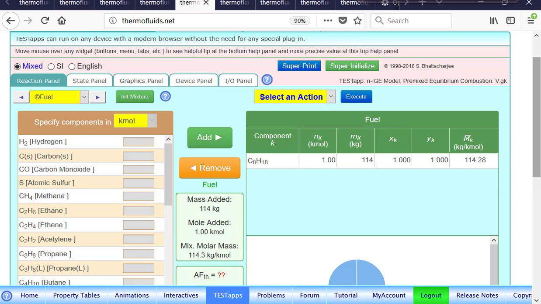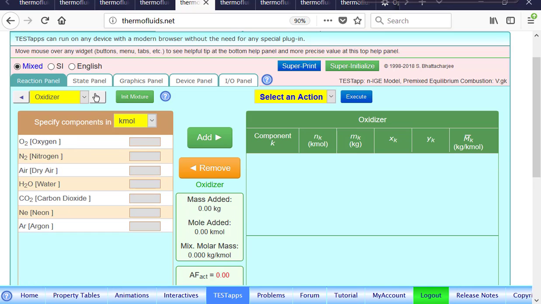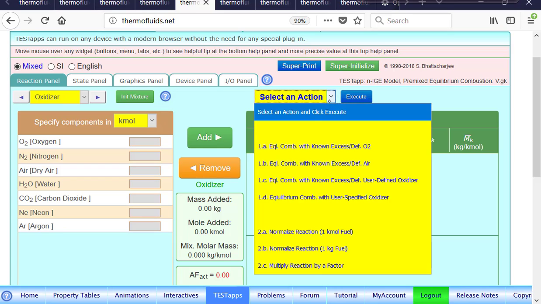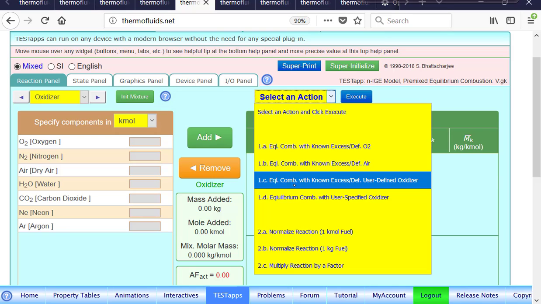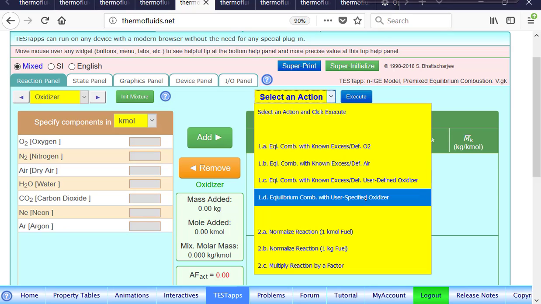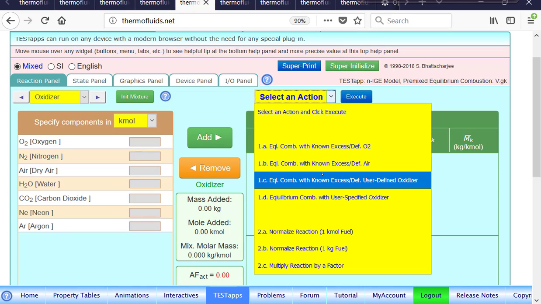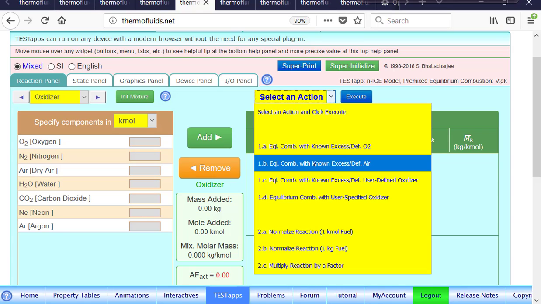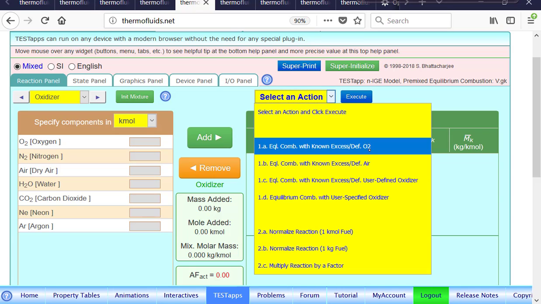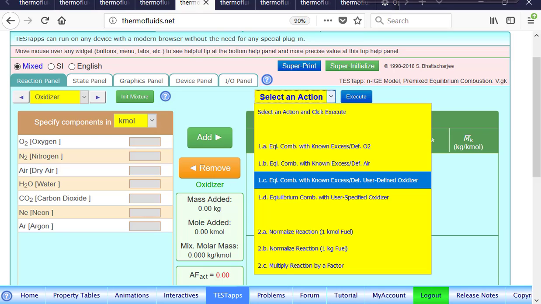let's say we could specify the oxidizer, but instead of specifying, we could say air, but we can directly choose from here the standard reaction. Suppose equilibrium combustion with excess or deficient air. So gasoline is burning with air. It could be burning with pure oxygen, or it could be burning with a user-defined oxygen and nitrogen combination.